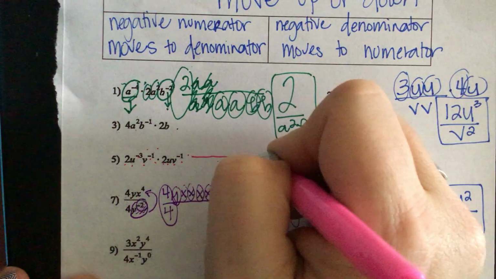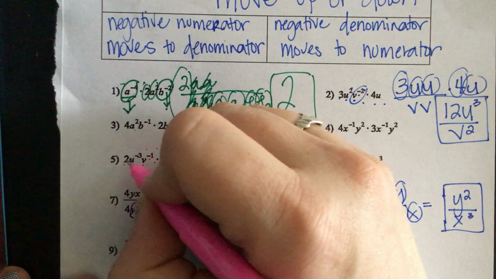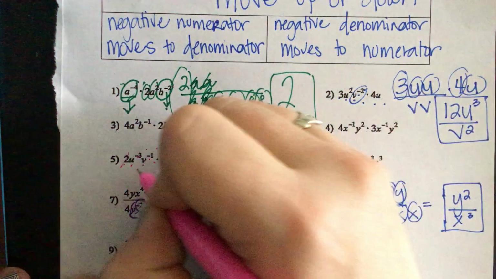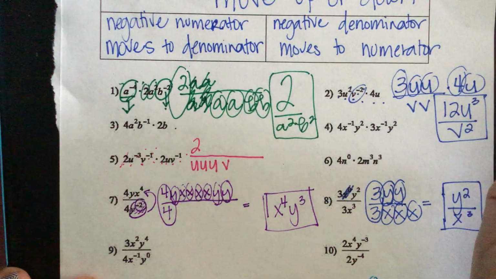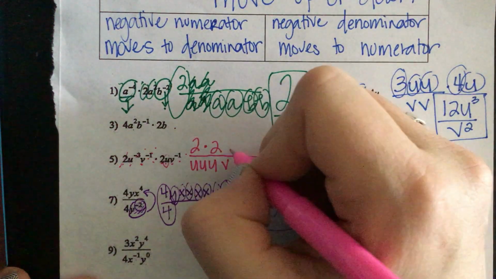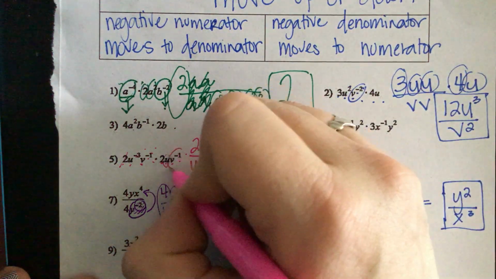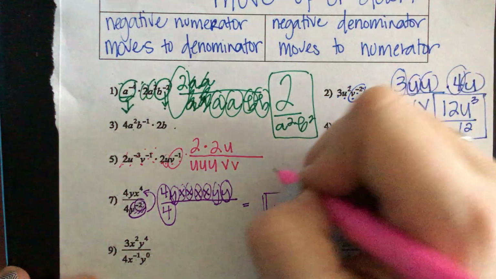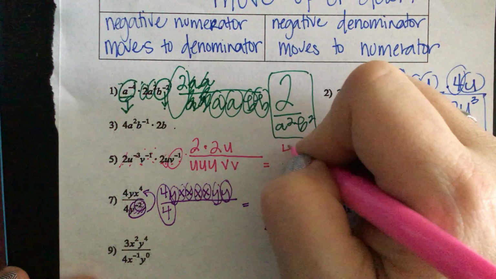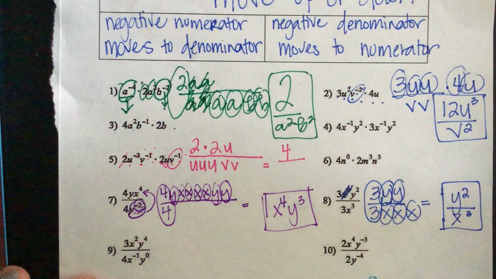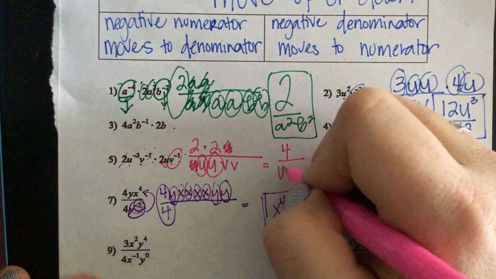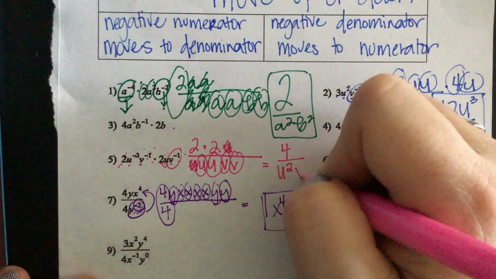So let's write it. 2u to the negative 3, that's on the bottom. v to the negative 1, that's on the bottom, times 2u, that's on top. v to the negative 1, that's on the bottom. 2 times 2 is 4. u and u cancels out. u squared, v squared.